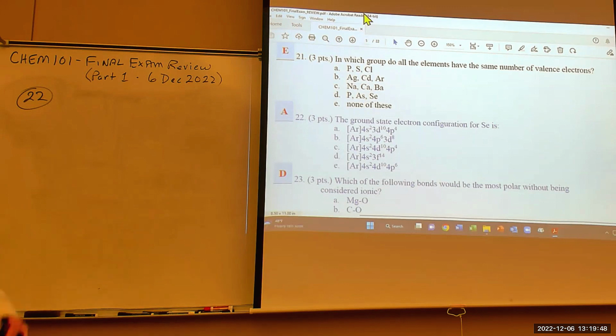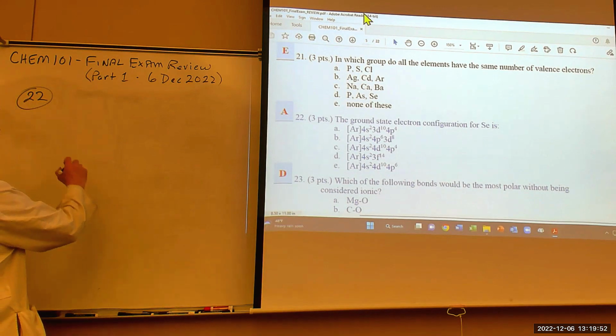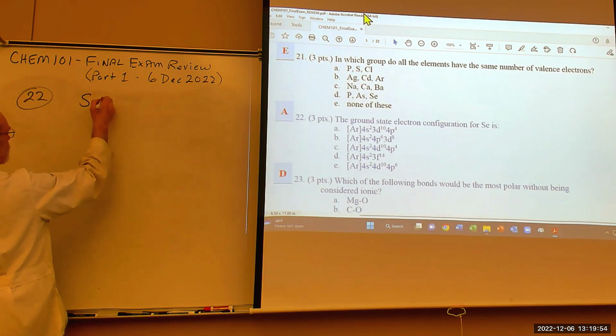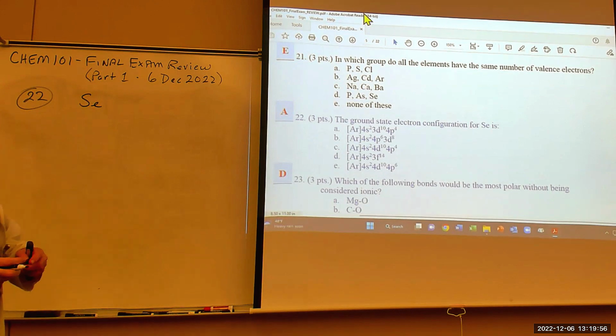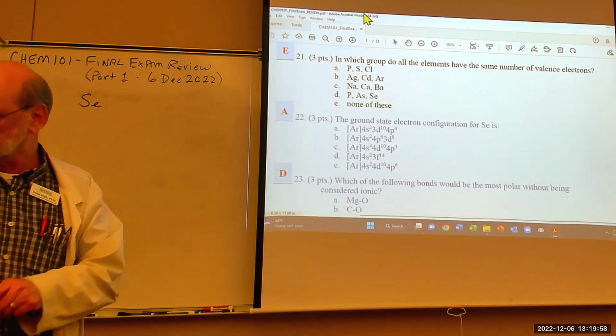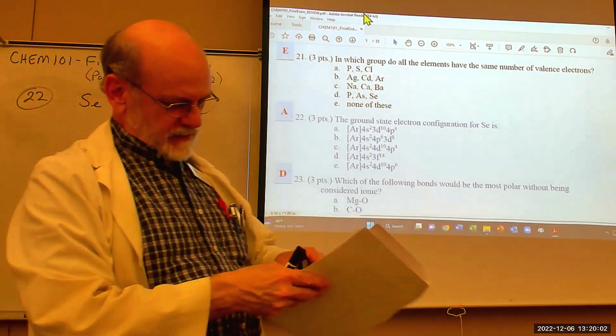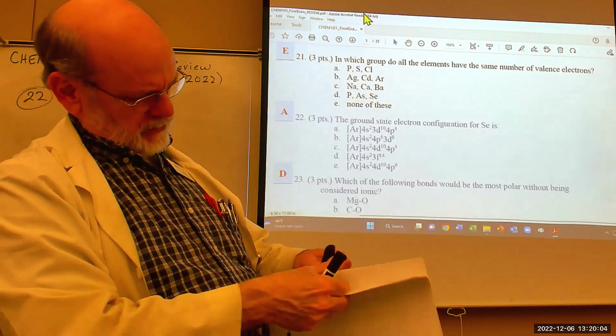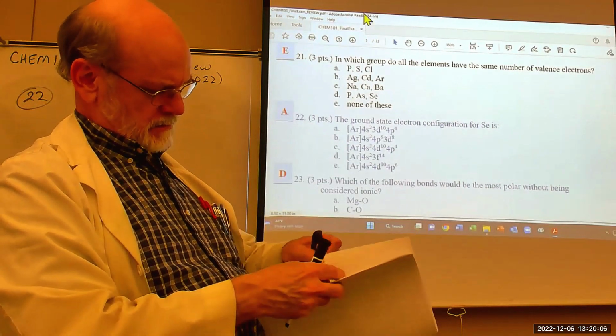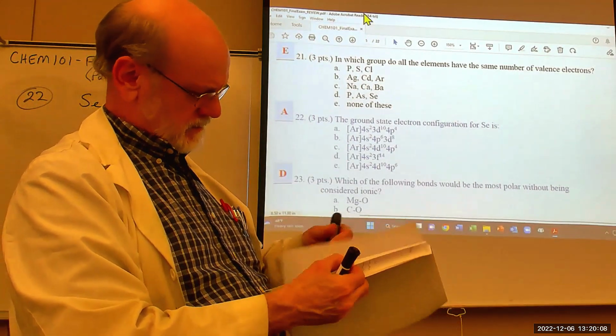All right. The ground state electron configuration of selenium. Now, you can do this two ways. The exam will have the diagonal diagram. Let's see here. I'll find it somewhere.